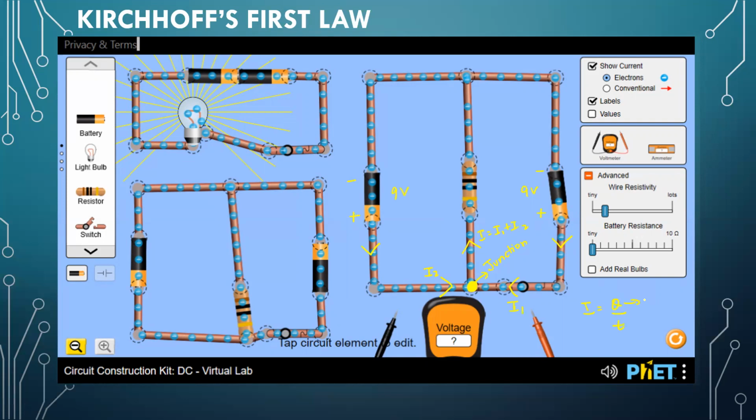If the charges coming from this side and this side combine and then go up together, and this is, for example, 0.4 ampere and this is 0.4 ampere, then the current here will be 0.8 ampere. They get added up.